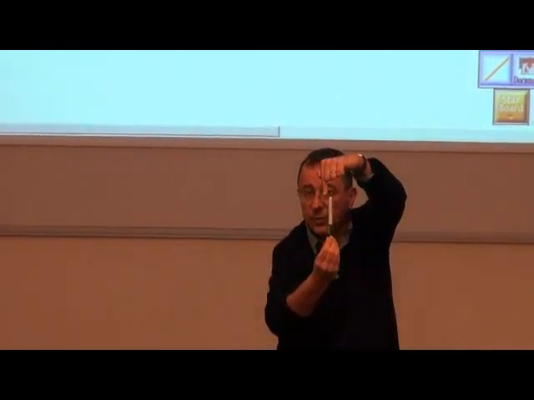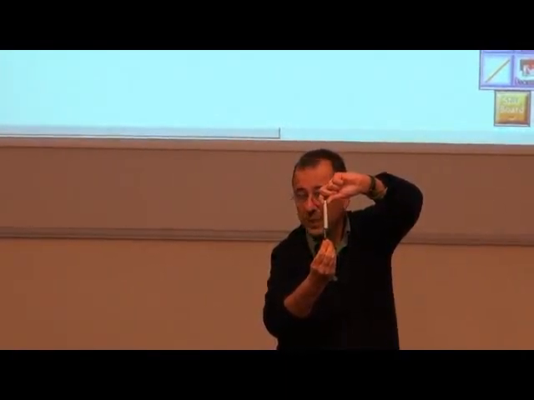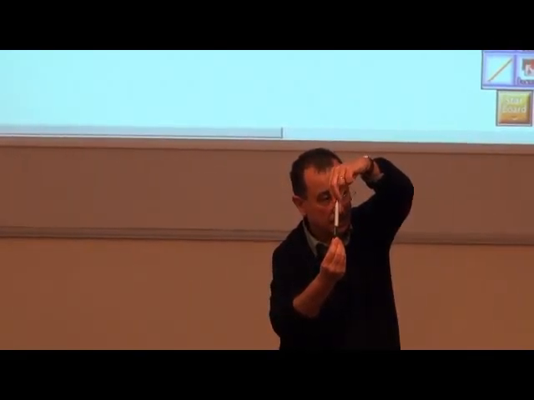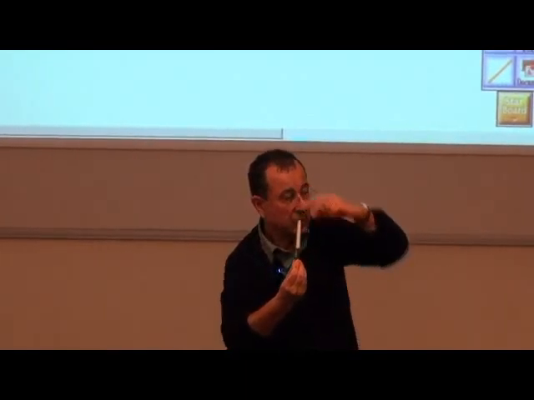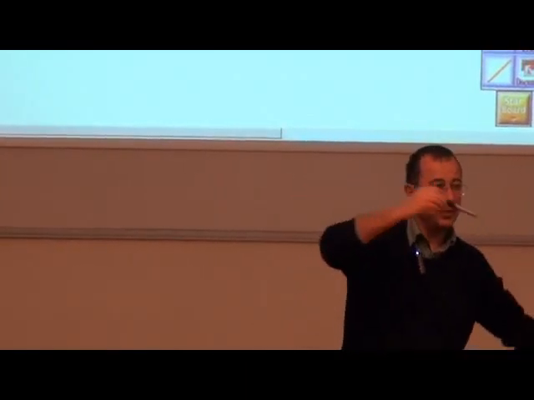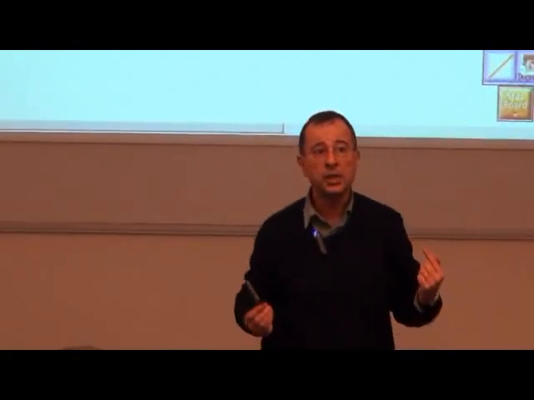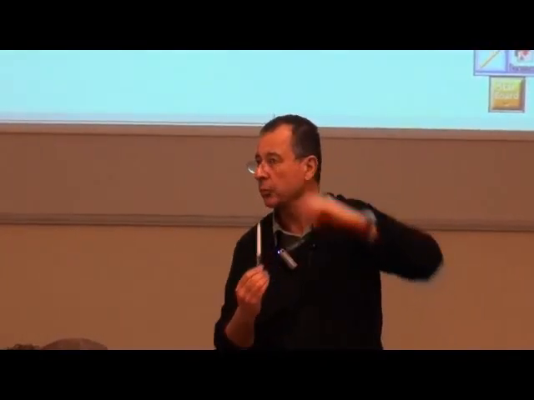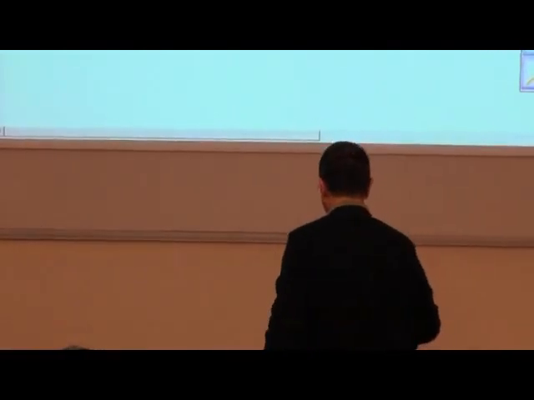If F, the force, and the position vector of the top of the pen are parallel, as you can see now, you see experimentally, nothing happens. So the rotational effect of a force has something to do with whether this force is parallel or perpendicular to the position of the thing you are moving.